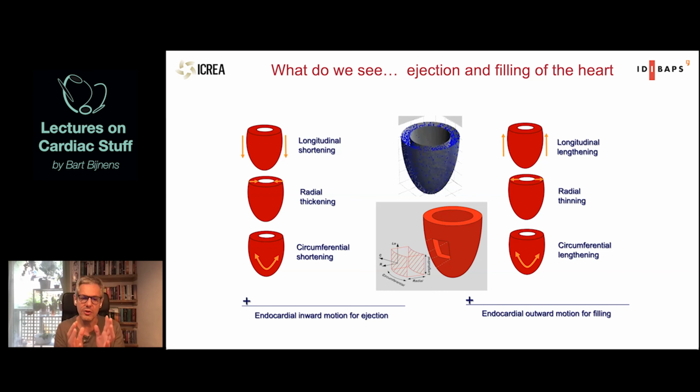And deformation has different components, and you will see that this is important later on when we talk about filling, and in general when we talk about cardiac function in disease. On the one hand we have the longitudinal component, where the valve plane is being dragged towards the apex. That is actually the most volume efficient component of the deformation.